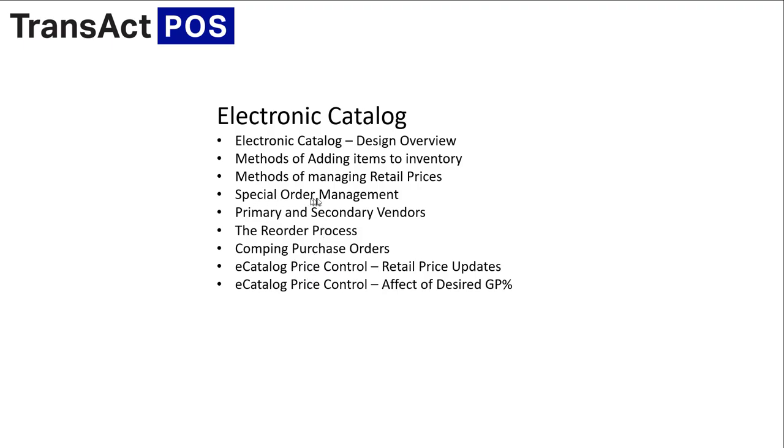The use of special order management and how to do sales orders and or POs. Primary and secondary vendors, how does that play into the system? The reorder process, comparing POs between vendors and saving costs. And then electronic catalog, eCatalog price control, and then the effect of desired GP percentage.